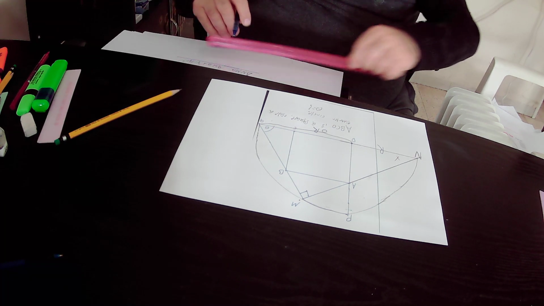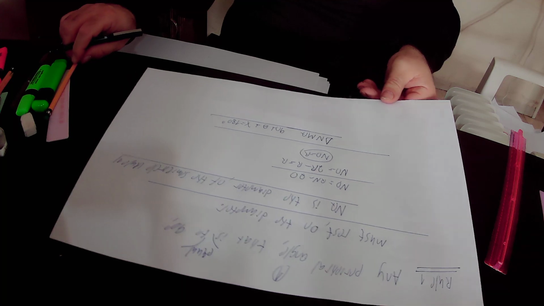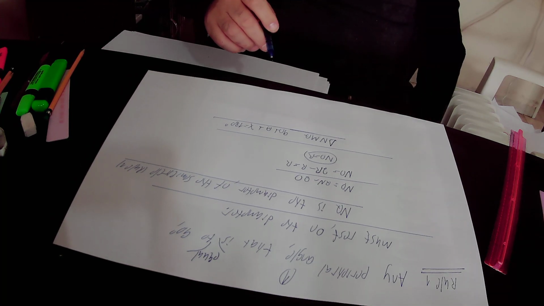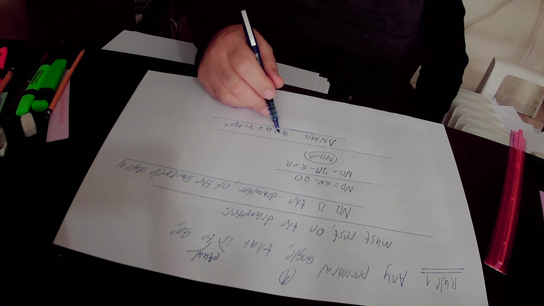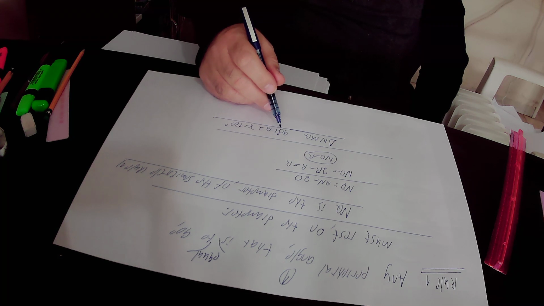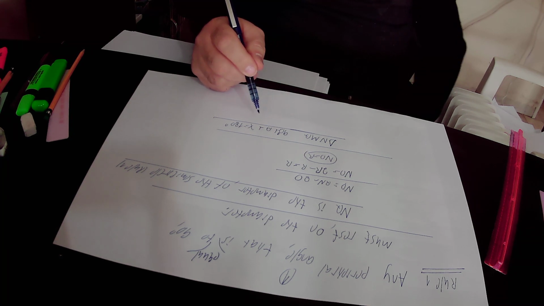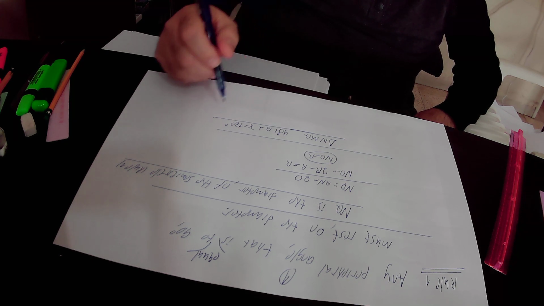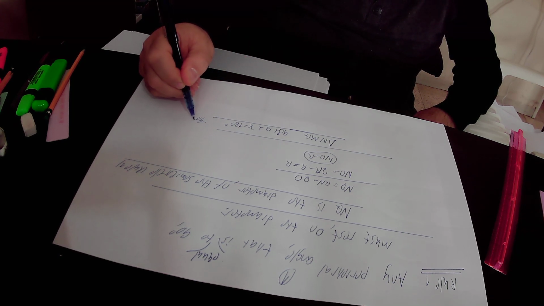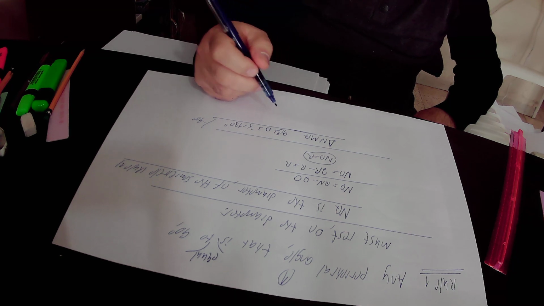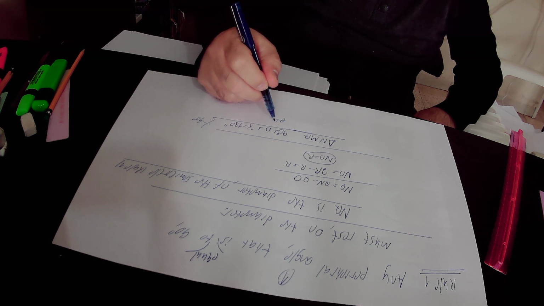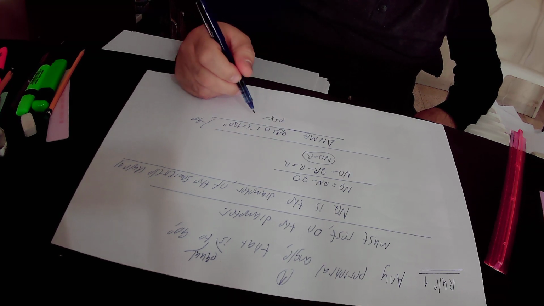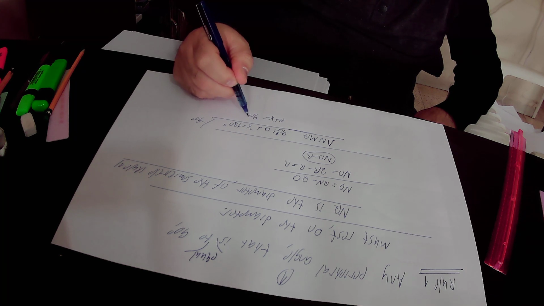I'll repeat again. Here, in the right triangle NMQ, the sum of the angles must be equal to 180 degrees. That is to say, 90 degrees plus angle theta plus angle X, in total, must be equal to 180 degrees. We will subtract 90 degrees from this equation, and we get that theta plus X equals 180 degrees minus 90 degrees, it is 90 degrees.